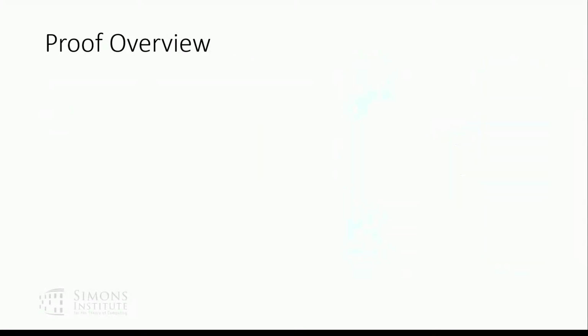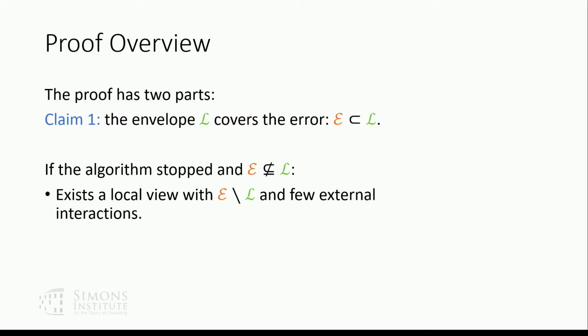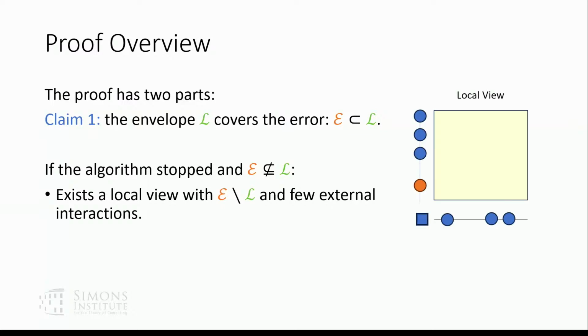So how does the proof really work? It has two parts. One is to say that it really does cover all of the error. This starts by assuming we did not cover the error. Then we have a step similar to what the small set flip does: you focus on some local view that has a few external interruptions.